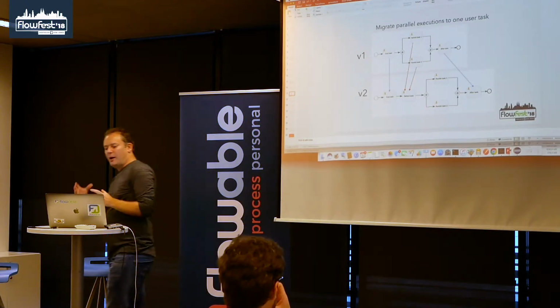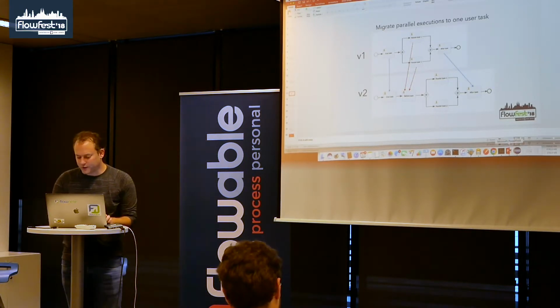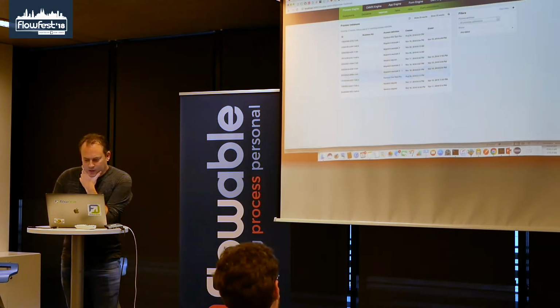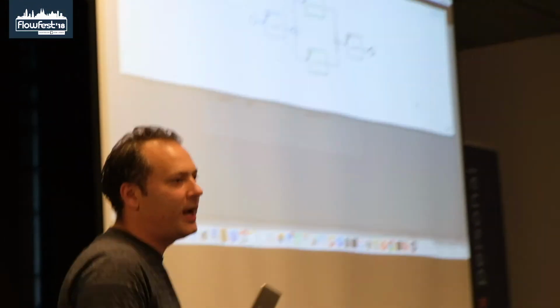So you want to map from multiple executions to one. So let's do that as well here. So there's a migration example 2. As you can see, parallel task 1, parallel task 2 are active.